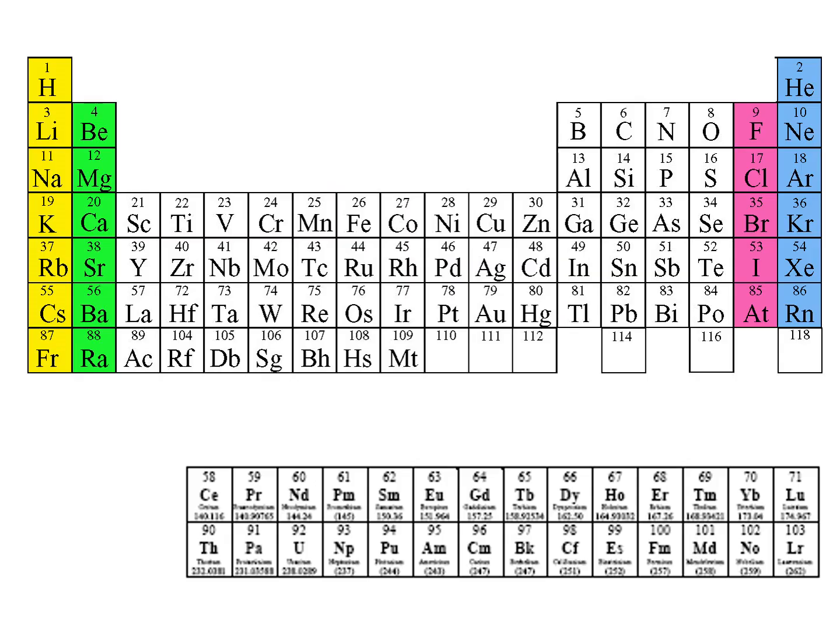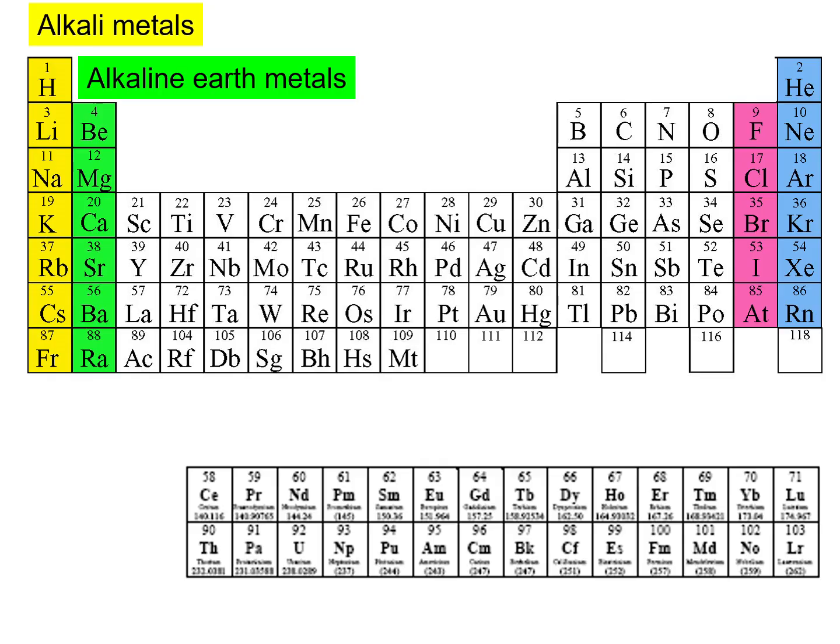So looking at the periodic table, group 1 are the alkali metals. Like I said, hydrogen is not a metal, but it shares properties with the alkali metals. Alkali just means that if you put these into water, once they're done reacting, they will form a basic or an alkaline solution.